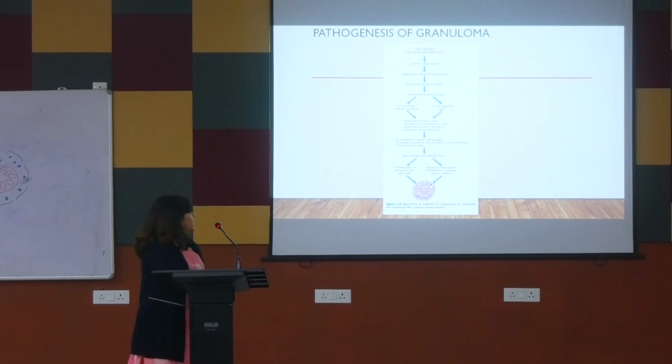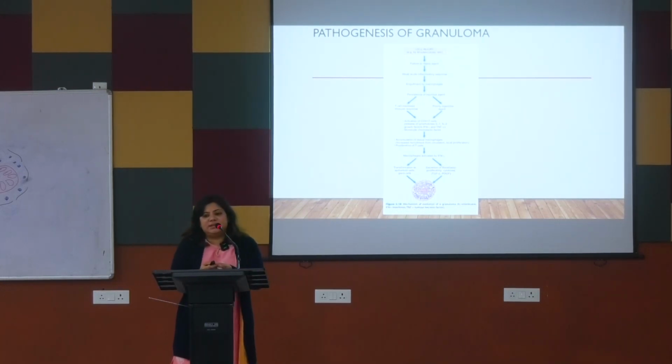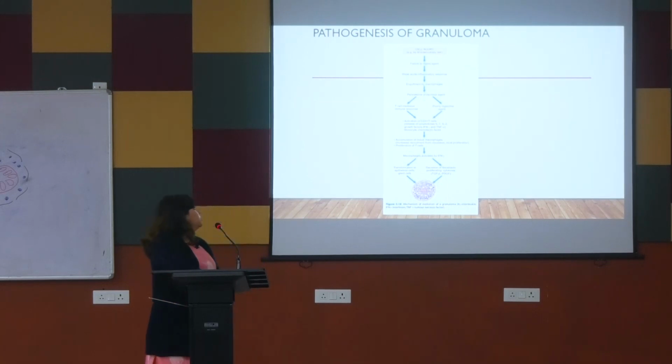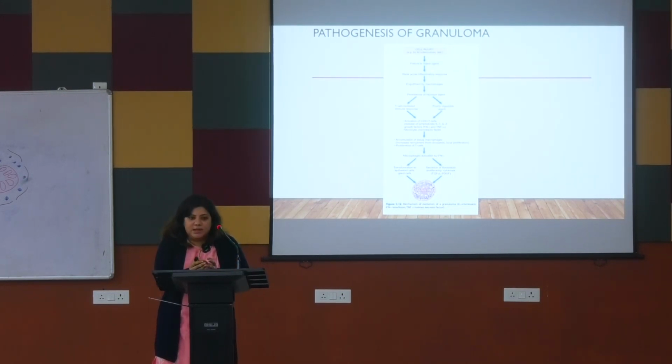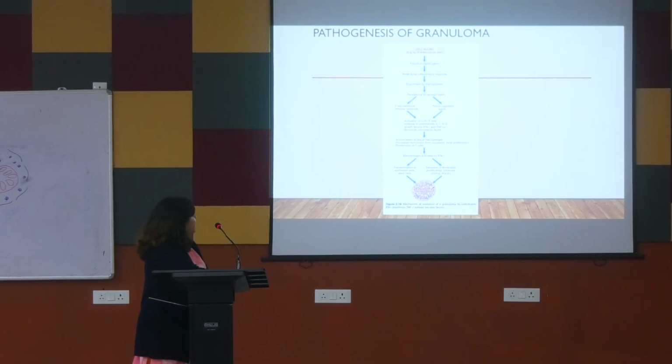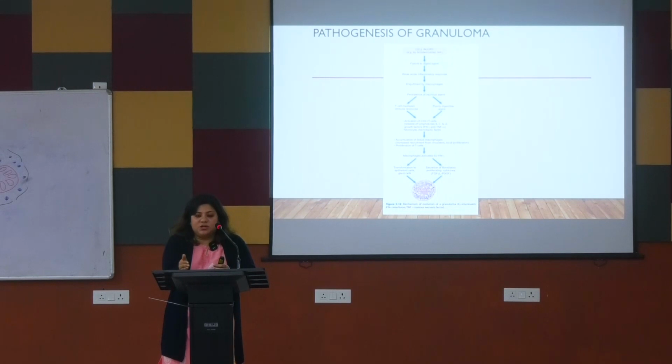Now the macrophage is acting as an APC, antigen presenting cell. So there is a T cell mediated immune response. So there is activation of CD4 positive T helper cells. The T helper cells are activated, and there is secretion of some chemokines, lymphokines.